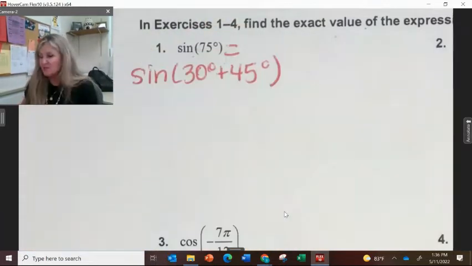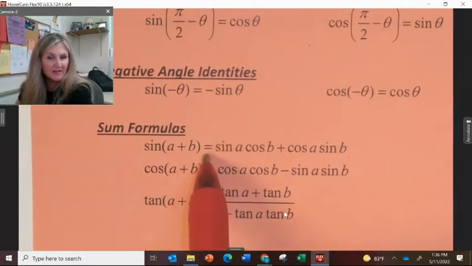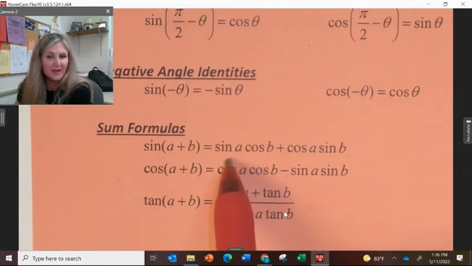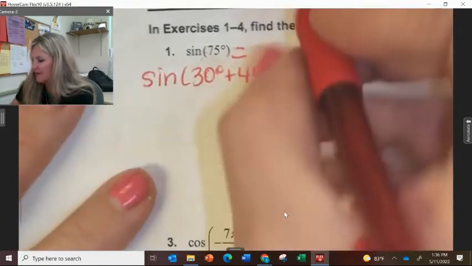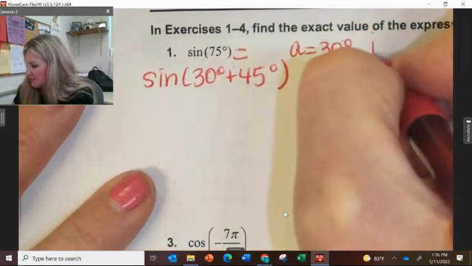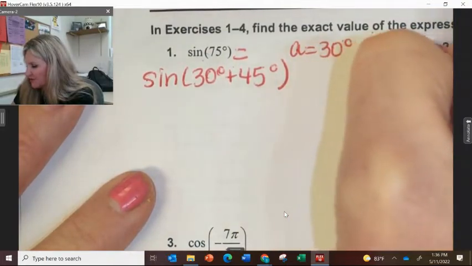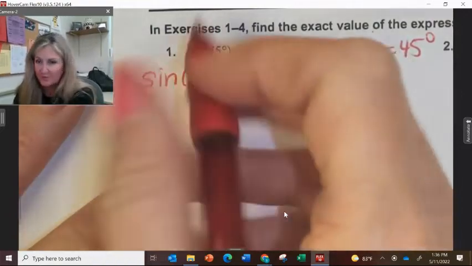So now I'm going to look at my formula for the sine of A plus B. Here's how the pattern goes. Sine of my first angle. In this case, A equals 30 degrees. B equals 45 degrees. For this first problem, I'm going to write out the formula.